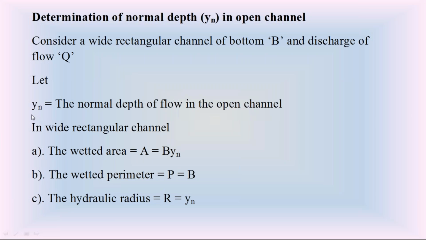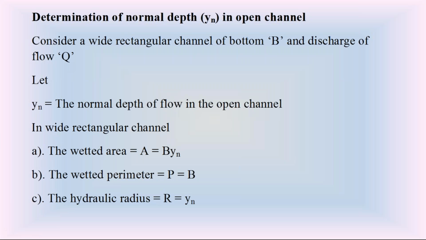At normal depth Yn, the wetted area A is B into Yn, the wetted perimeter P is B, and the hydraulic radius is Yn. You know that at normal depth Yn, the flow in the open channel is uniform flow. Since the flow is uniform flow, to find out this discharge Q, apply Chezy's equation.